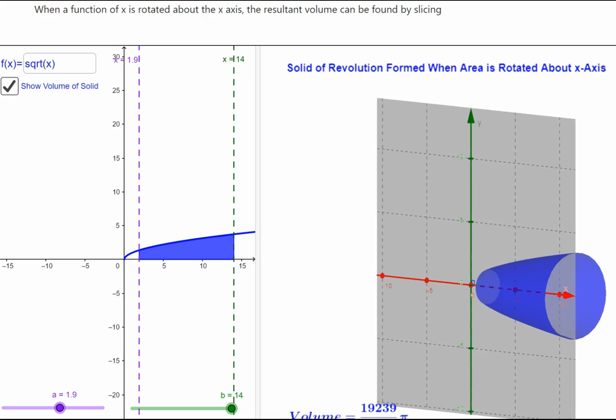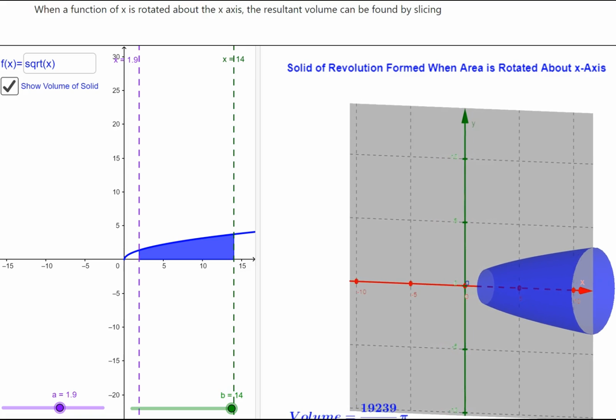Let me see if I can get that to move a little bit for you. So if I swivel this a little bit, you can hopefully see now, and because back here on this diagram I'm only taking the graph from say 1 to about 14. Let me change that.